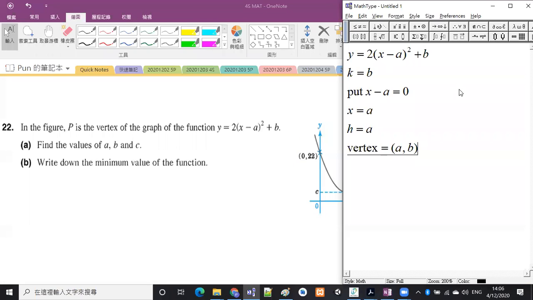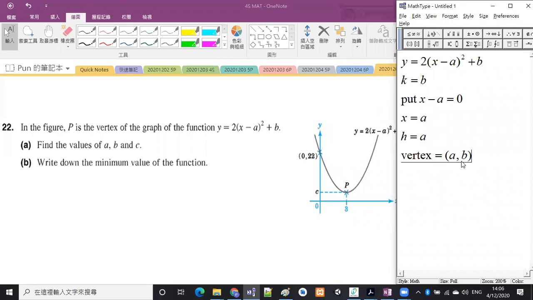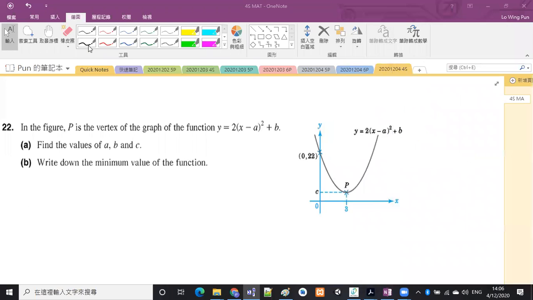Can you see that? So we have found the coordinates of the vertex to be (a, b). Then from the graph, we know that we have the point P to be the vertex. So this point P is the vertex. Can you write down the coordinates of the point P here? The x coordinate is equal to 3, and then the y coordinate is equal to c.